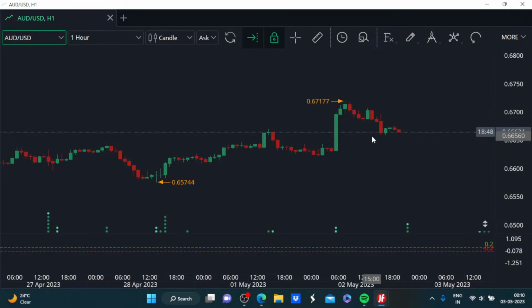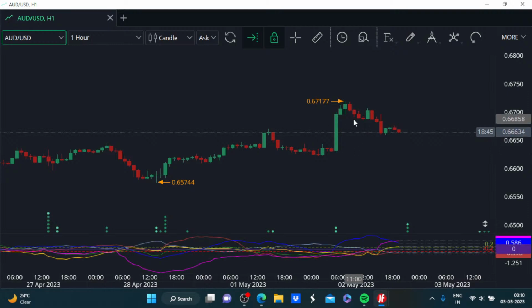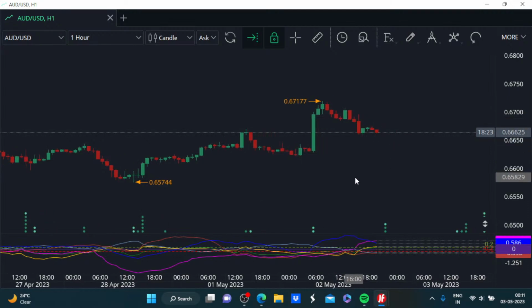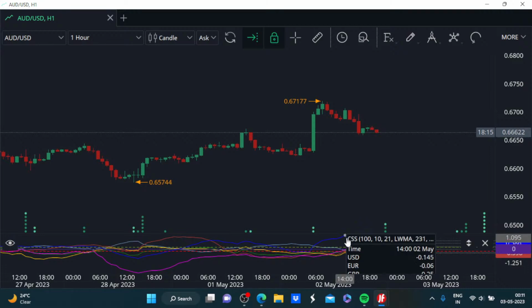And if we look at the charting of the AUD USD, we can easily notice that after this sharp move caused after the release of the monetary policy statement by the Reserve Bank of Australia, we saw this sharp move on the higher side, but the momentum was not sustained, and in course of time after this consolidation, the correction has deepened for the AUD USD. So when we saw the decline of this CSS chart for the AUD, we could have made up our mind to not go long.